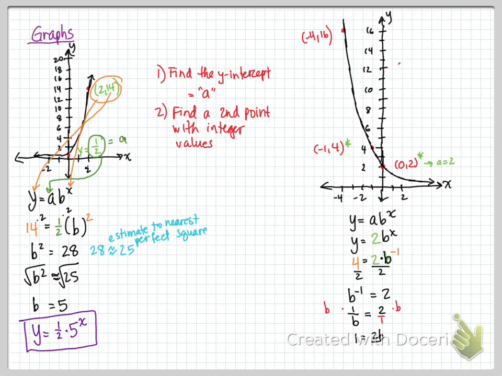Then I divide both sides by 2, use the symmetric property, and get b equals 1/2. That makes sense, since I get a fraction for b because it is a decay. So in conclusion, I get y equals 2 times the quantity 1/2 to the x power.